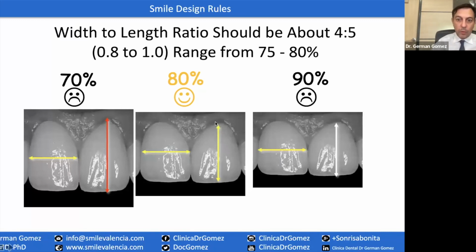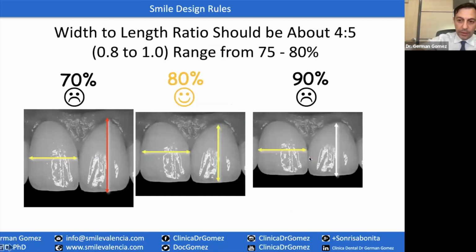That means from 100% length, and the most pleasant length is usually between 10 and 12 millimeters, of this 100%, the width is 80%. So if we have, for example, 11 millimeters as length, then the width would be 8.8 millimeters, which is 80% of 11.